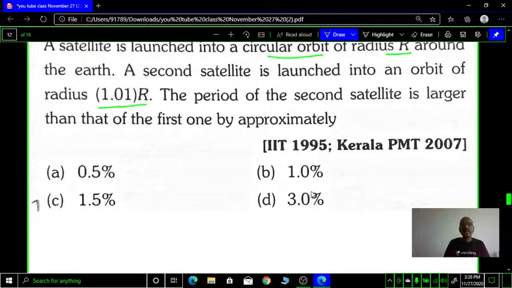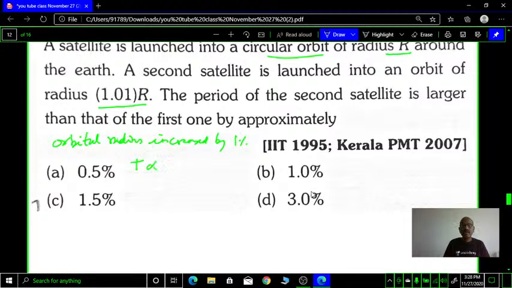So here the orbital radius is increased by how much? 1.01 means 1% it increases, right? So the orbital radius is increased by 1%. What is the time period of the satellite?